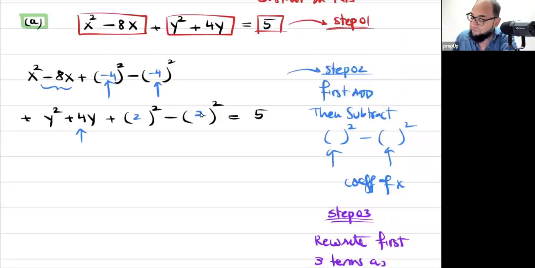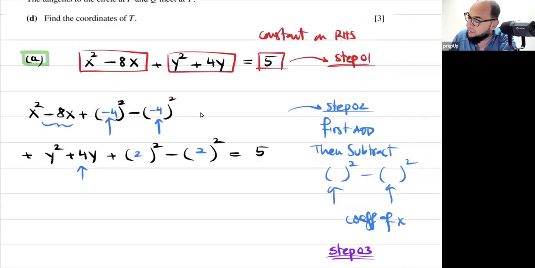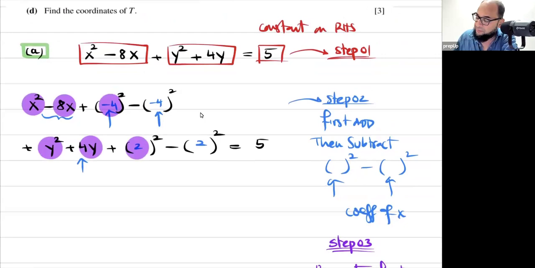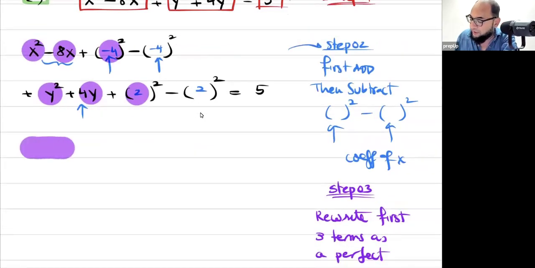So now what do we have? Let me highlight it. So now we will take these 3 terms, that's 1, 2, 3, 1, 2, 3. That is the first 3 terms. So therefore I'll have something like this, and then let's see how it goes.